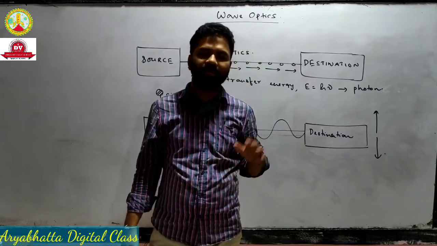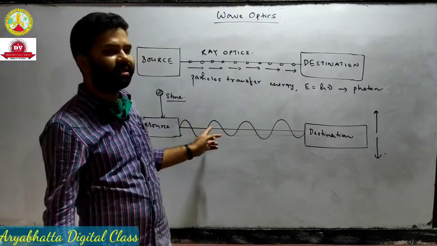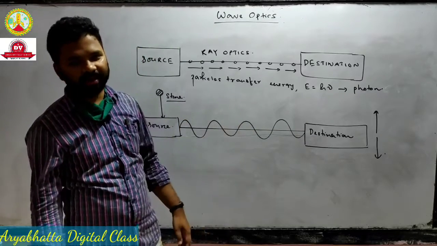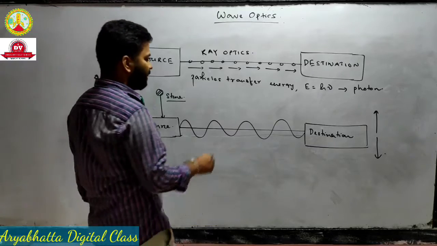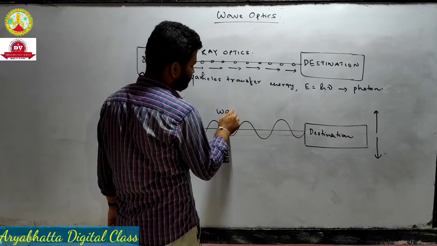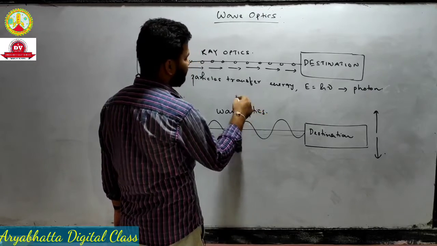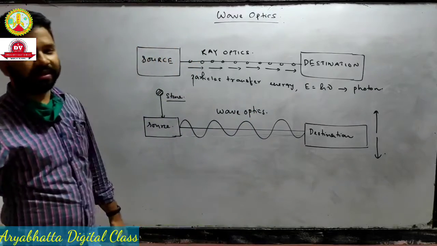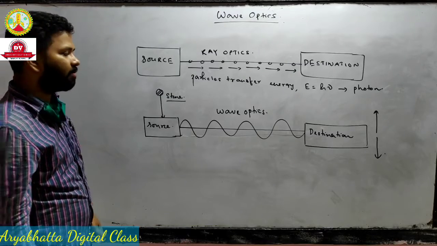So what does it mean? The particles are not traveling. The particles are simply transferring energy from one particle to the nearest particle. This phenomenon is known as wave optics, where the particles will not move. The particles are not moving, but they are simply transferring energy in the form of disturbance.